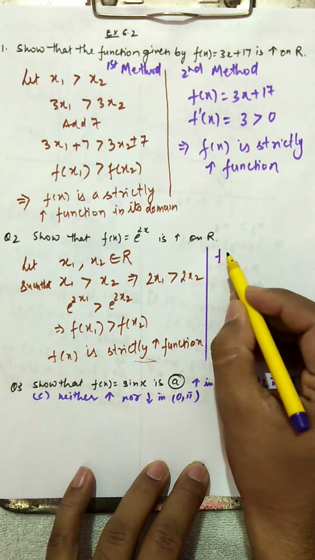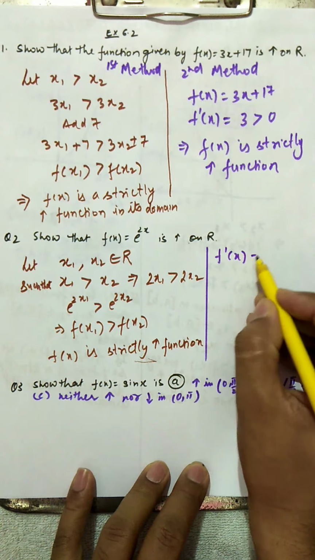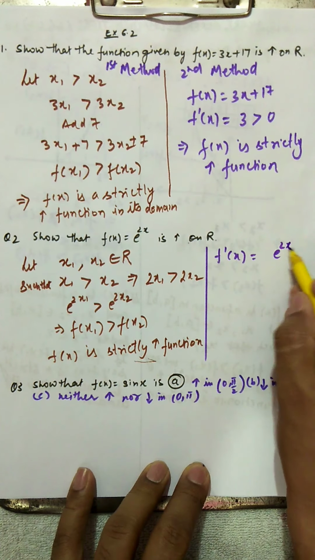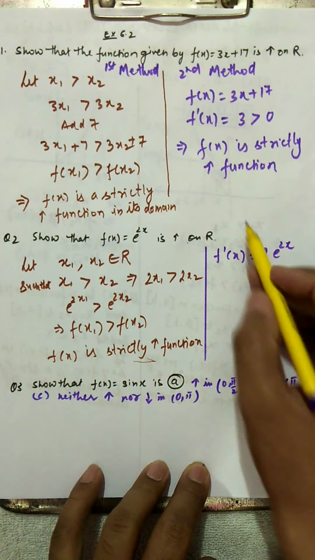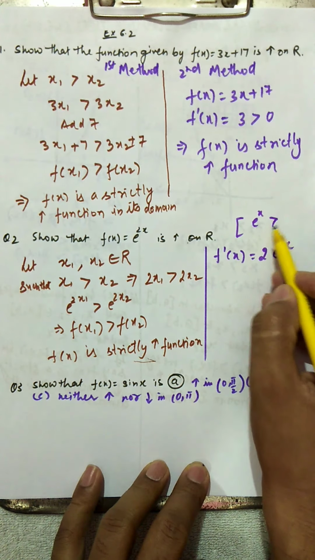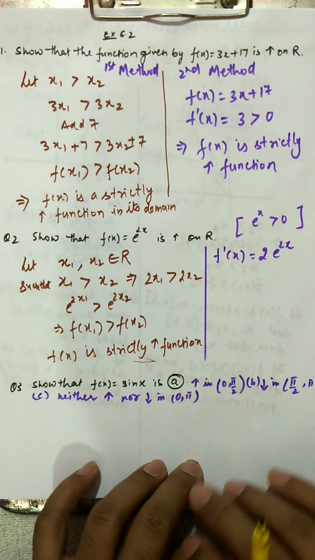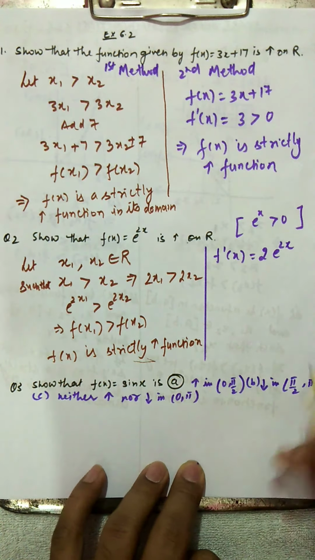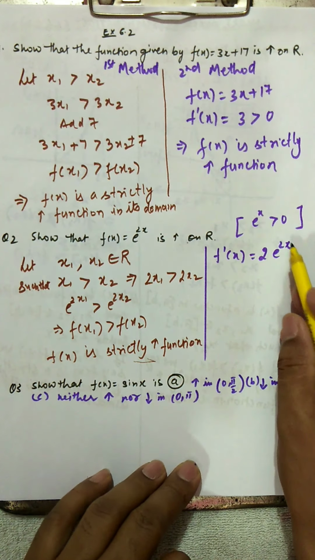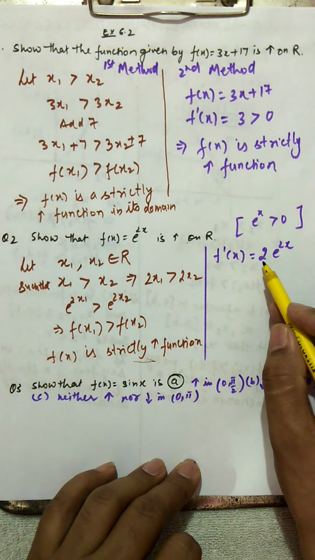Now the second method. You see that f'(x), if I find it, will be e^(2x) times 2. And you must remember that e^x is always a positive function for whatever value of x. So here e^(2x) is always positive and multiplied by some positive number.